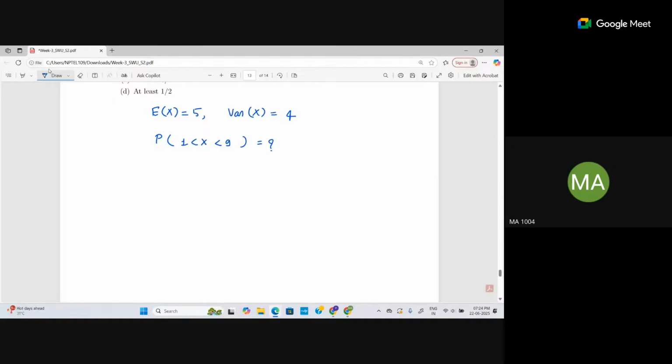If you remember Chebyshev's inequality, it is something like this. It is actually one more form of the same Chebyshev's inequality, which we can use here.